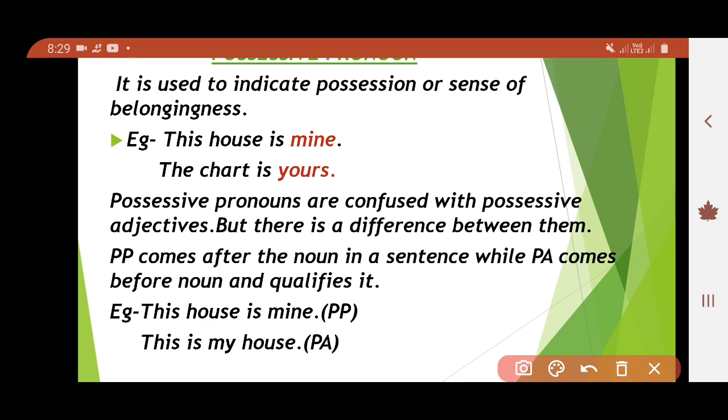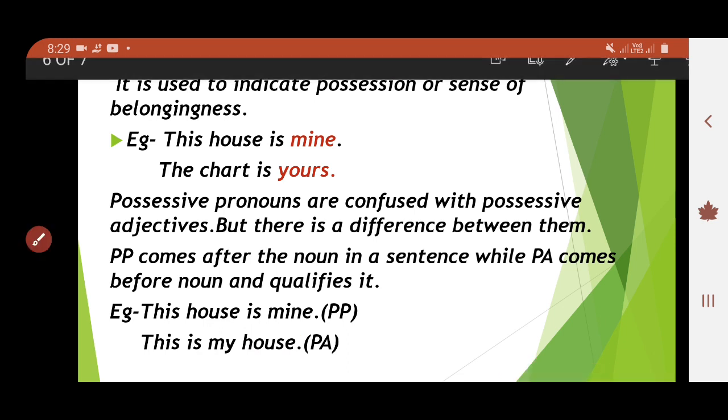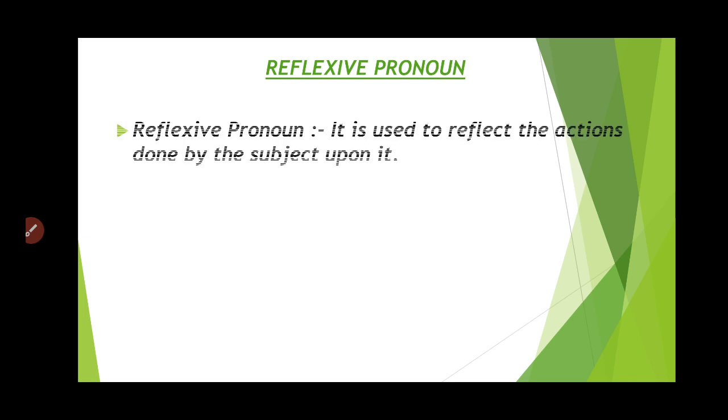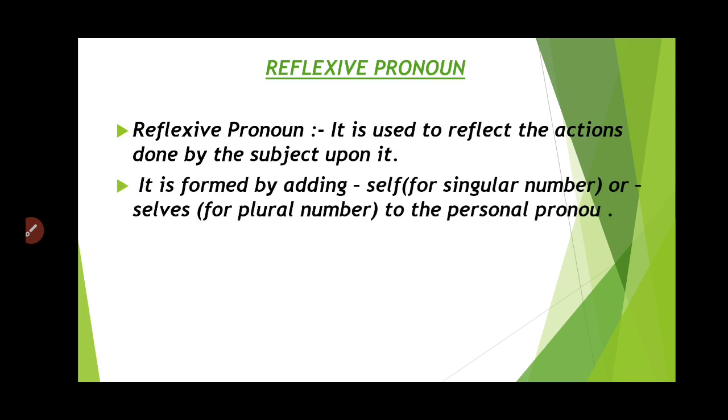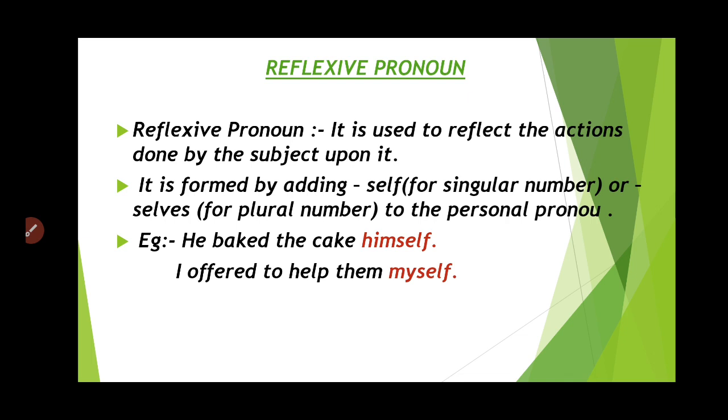Okay. Now, let us go to another kind of pronoun, that is reflexive pronoun. So, what is reflexive pronoun now? Reflexive pronoun is used to reflect the actions done by the subject upon it.